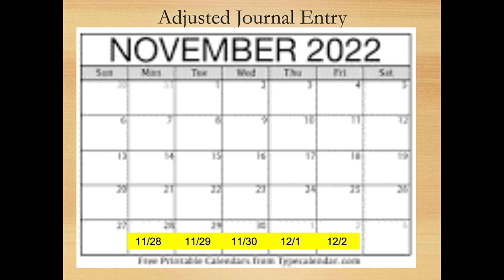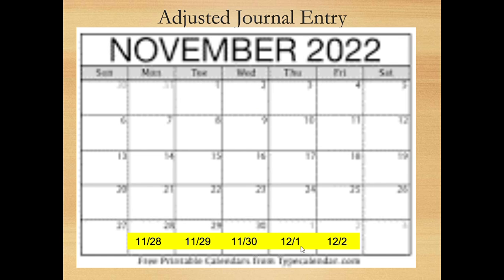Now let's look at the last one, accrued wages. I'm choosing to use November 20th. In the last week of this month, I know you can't really see this, but I'm going to tell you, that's why I wrote it here. The last week of this month on a Monday is November 28th, on a Tuesday is November 29th, and a Wednesday is November 30th.